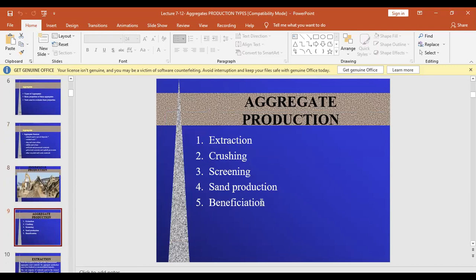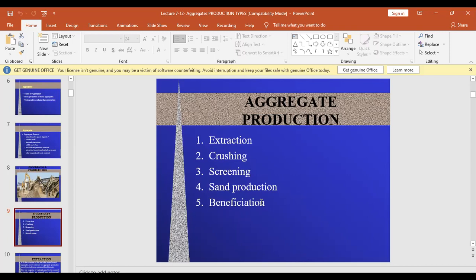There are 5 basic steps. It starts with extraction, then crushing, screening.